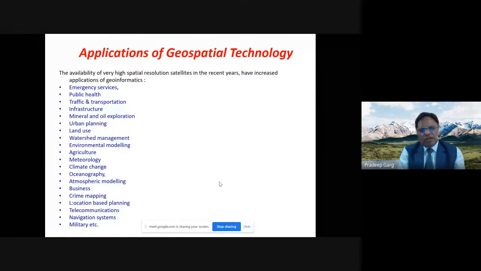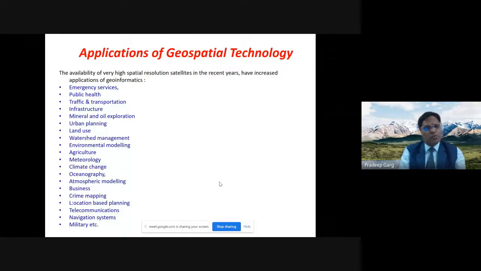So when we see the application of geospatial technology, in fact, this is only a very small list. Actually, there is a very large number of geospatial technology applications. There could be many slides if I wanted to show you, but this is just an exemplary list.